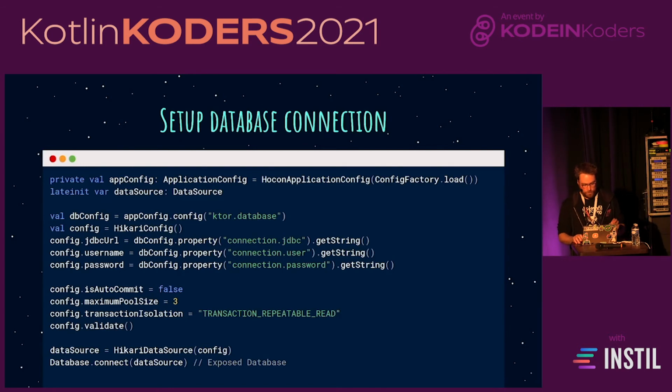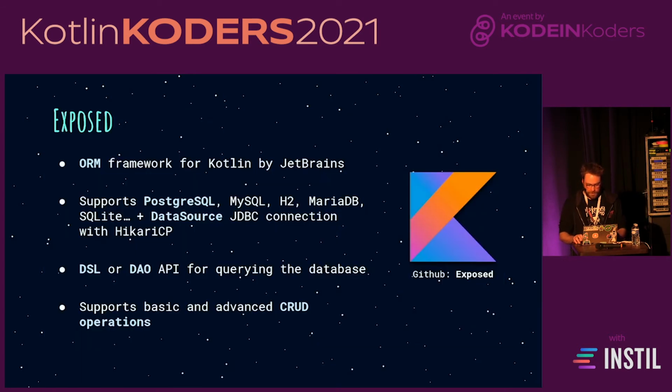Okay, so now that we are here and we want to query our database, we're going to use Exposed. Exposed is an ORM framework for Kotlin made by JetBrains. It supports lots of database types, so Postgres, MySQL, H2, MariaDB, and so on.